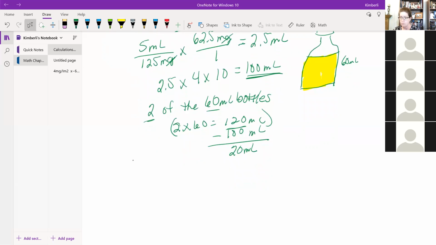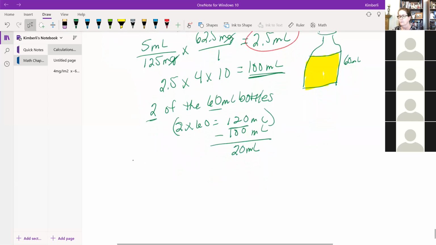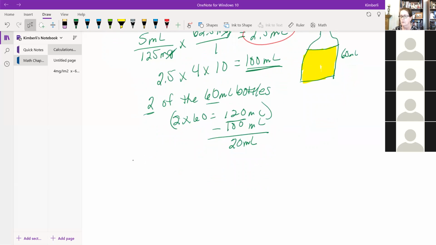And what volume should be administered with each dose? That's the 2.5 mLs. What is the dose in household measurements? Half a teaspoon. Household measurements for most medications is going to be teaspoons, which is 5 mLs. Half a teaspoon.